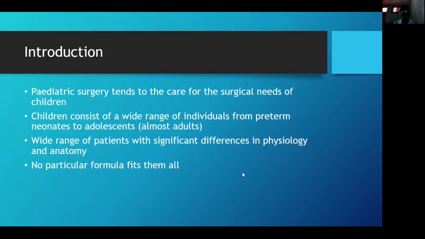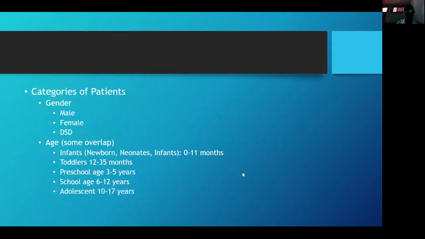So there are so many things that differ in terms of physiology. They are transitioning in terms of their circulatory system and in terms of how they adjust to various stresses, such as surgical diseases will impact on them. So there is no particular formula that fits them all. It's one of the things that one needs to take into cognizance.